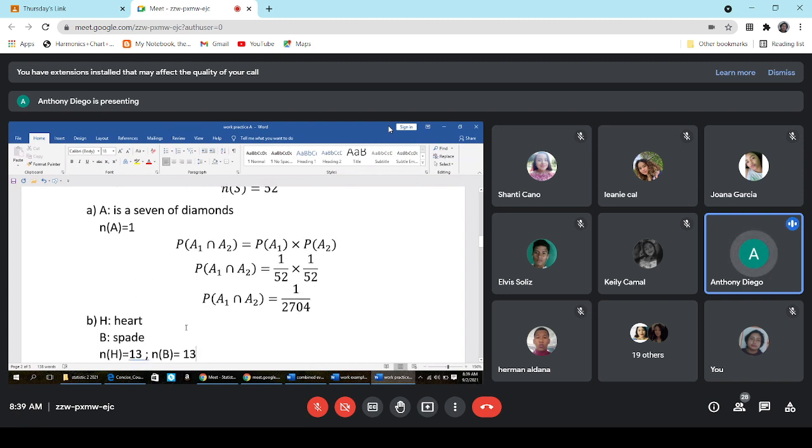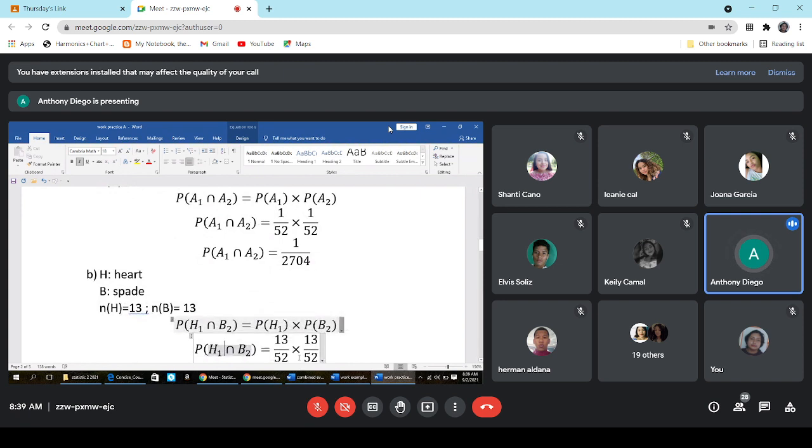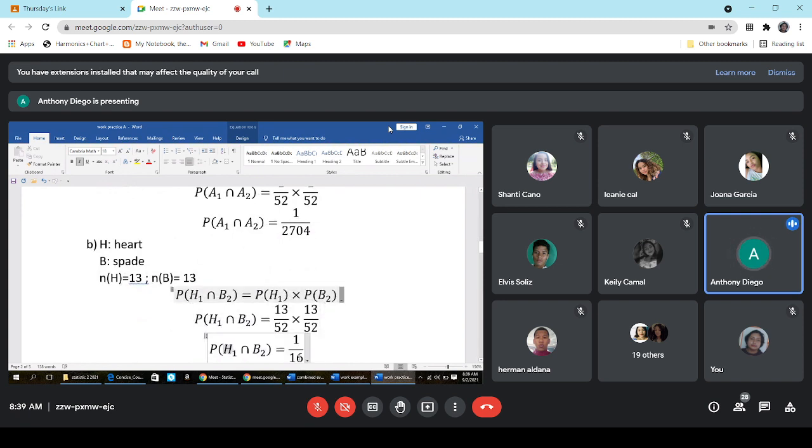The number of hearts within a deck of cards, like I told you, is 13. The number of spades is also 13. So the probability that we draw a heart first and then a spade second is the probability of drawing a heart first times the probability of drawing a spade second. So 13 over 52 times 13 over 52, our answer would be 1/16.